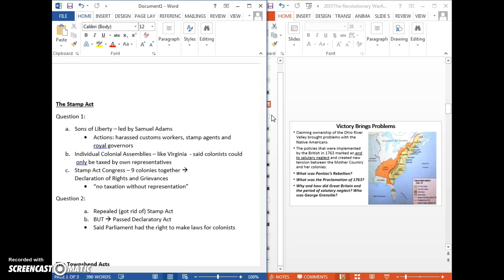And so we saw in 1763 the end of salutary neglect, and we saw that Great Britain started to enforce some changes here that caused the colonies to resist, rebel, and ultimately revolt.